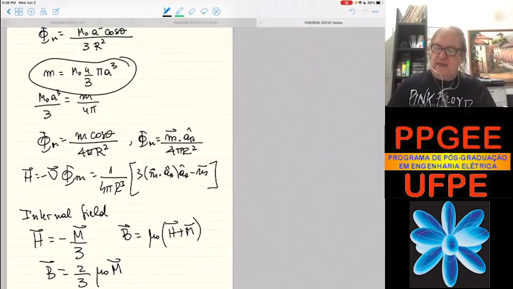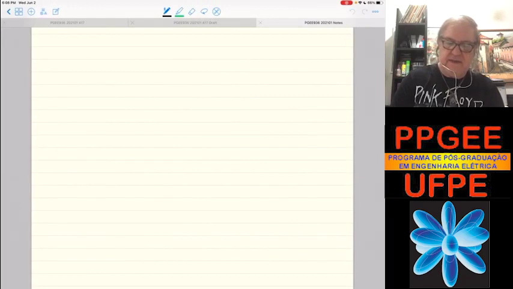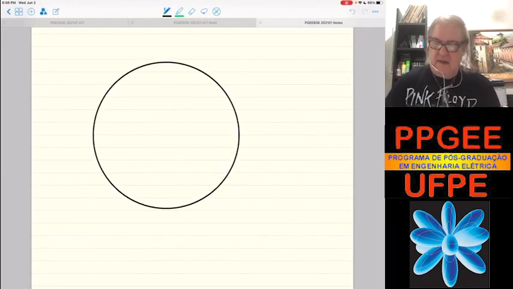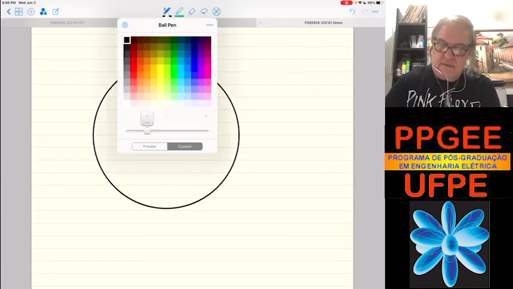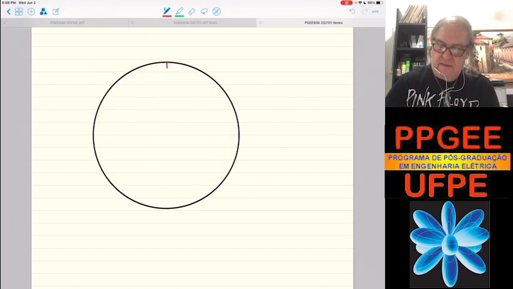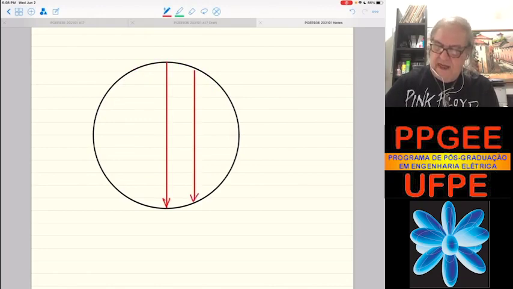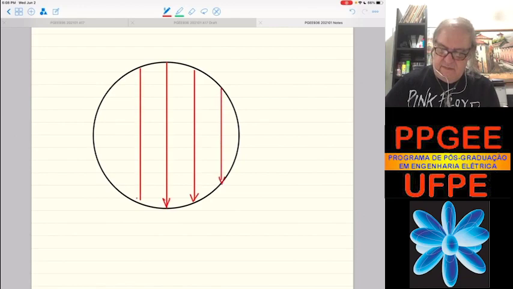Okay, so if you look inside, what happens? Inside, the H field is like this. H field, right? Uniform and points down.